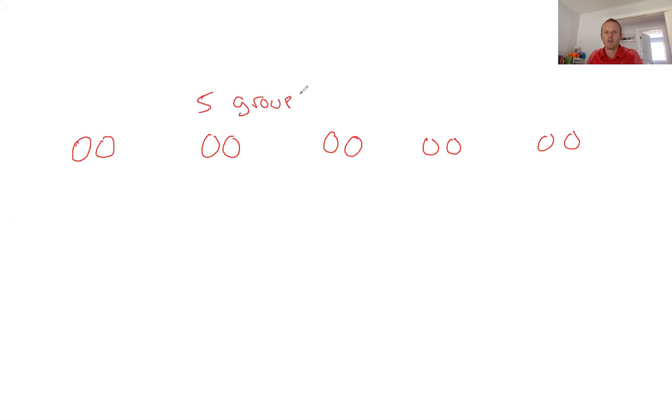And on that, I'm going to draw in red 5 groups of 2. 2, 2, 2, 2, and 2. So I have 5 groups of 2. I'm going to turn this into an array. Because I have 5 groups, that means I'm going to have 5 rows.